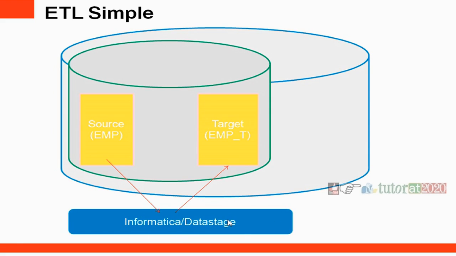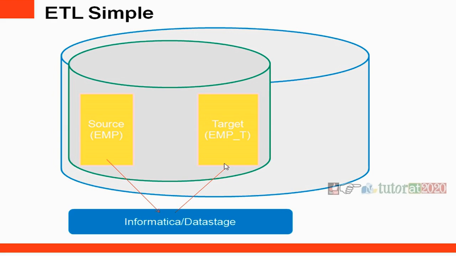This is your ETL engine, the Informatica server or DataStage engine. So data will always be extracted from the source database to your ETL server. Then you apply whatever logic you want here, and then this data gets loaded to this particular target table.